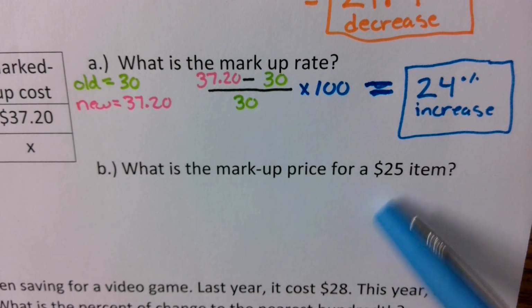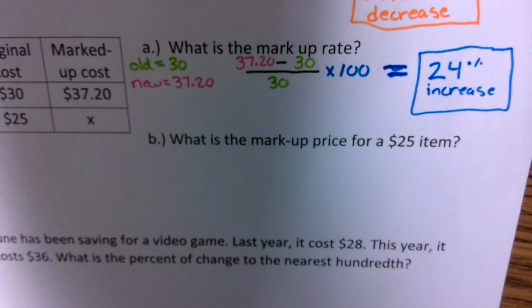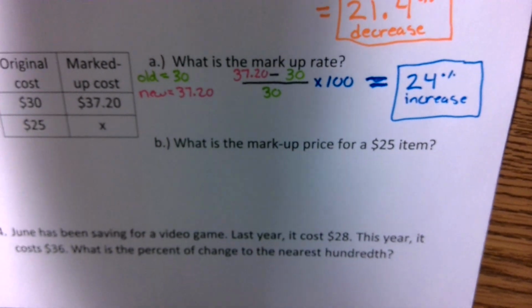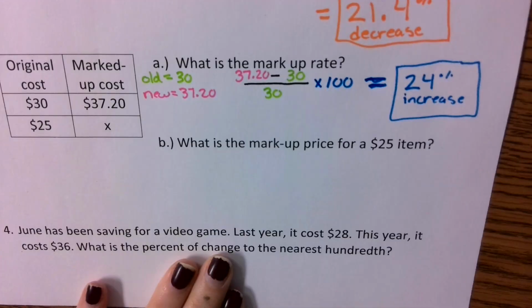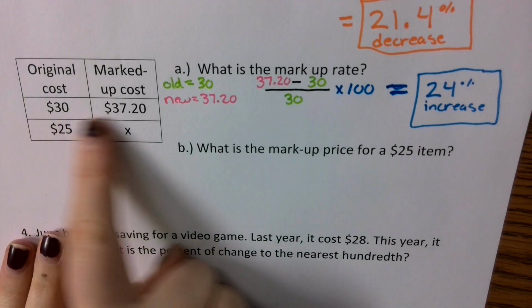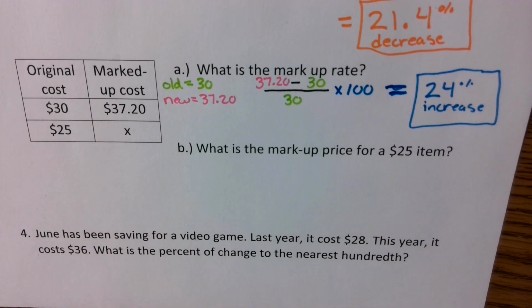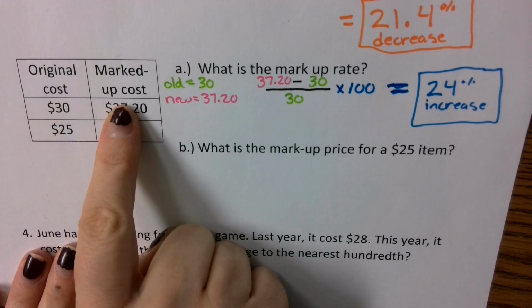Now, it wants to know what is the markup price for a $25 item. So here, this is me throwing in some practice with proportions. Who can create the ratio of the given amount? What's the fraction for the given information? First of all, which one of these rows is my given information? The top, the first, right?